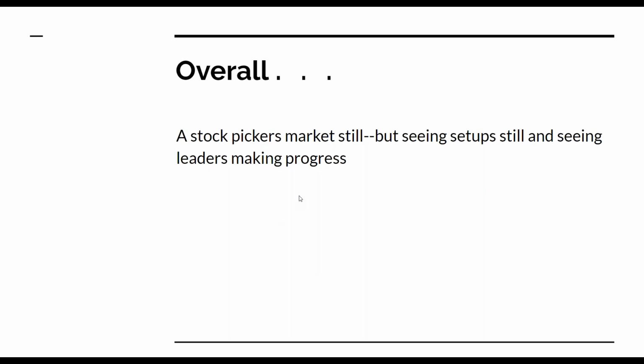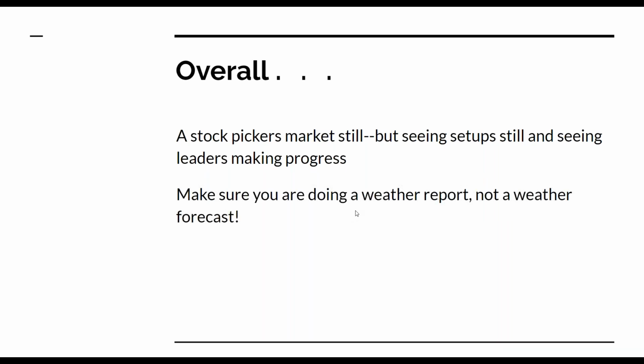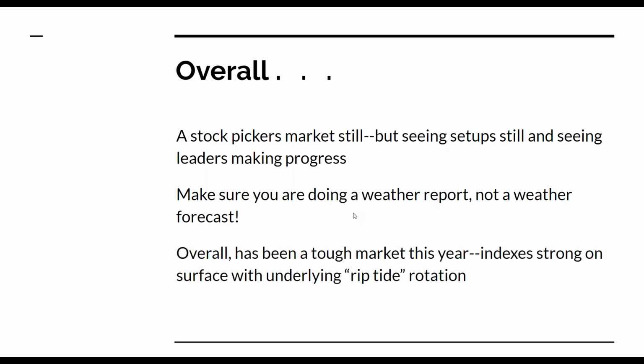So it's still a stock picker's market, but we are still seeing CANSLIM setups, and we're seeing leaders making progress. So that's good. You want to do a weather report, not a weather forecast, so don't predict. As I said, this has still been a tough year. I don't hear a lot of really good traders say, yes, this has been a tough year.